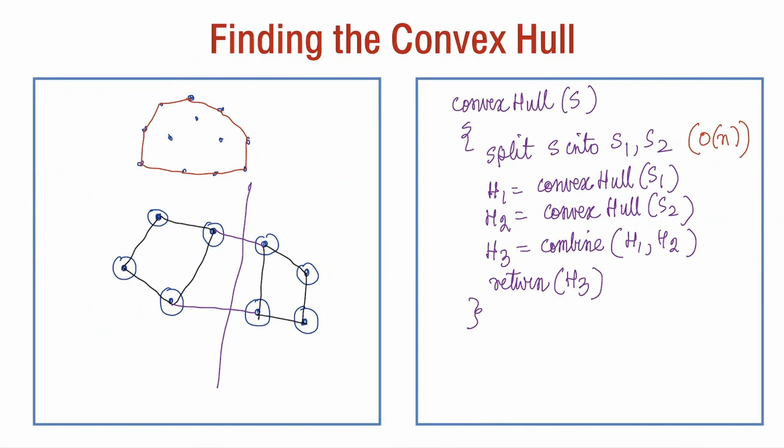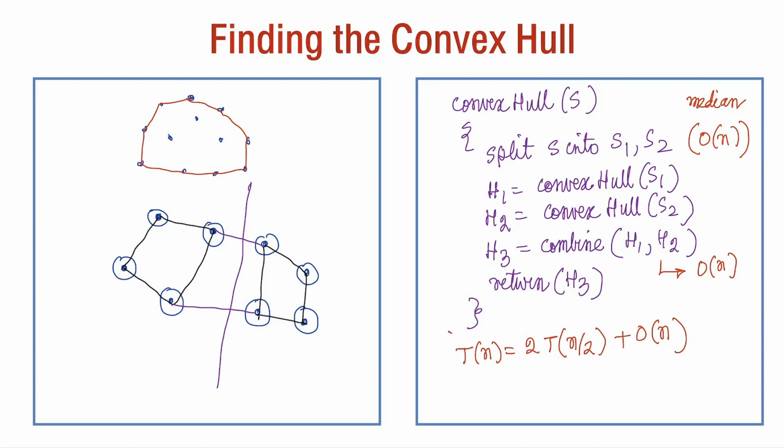Here again we apply the same strategy. We apply median to split it into equal halves based on the x-axis, and then we apply another order n algorithm to do this. So we will get T(n) is equal to 2T(n/2) plus order n.